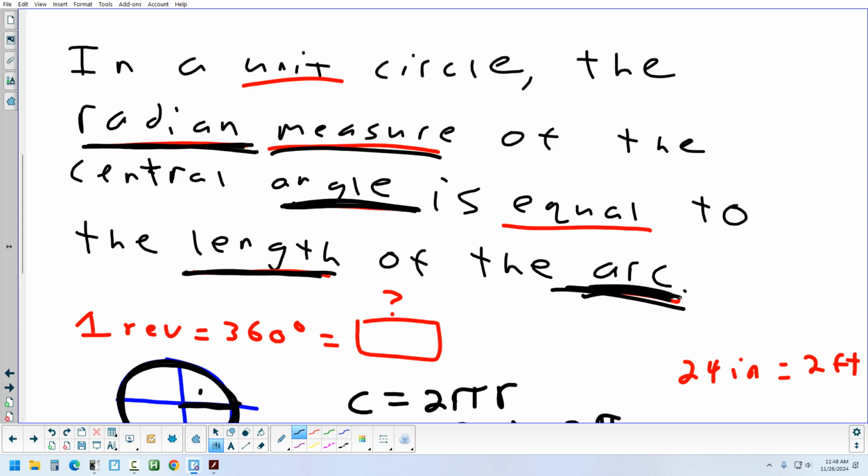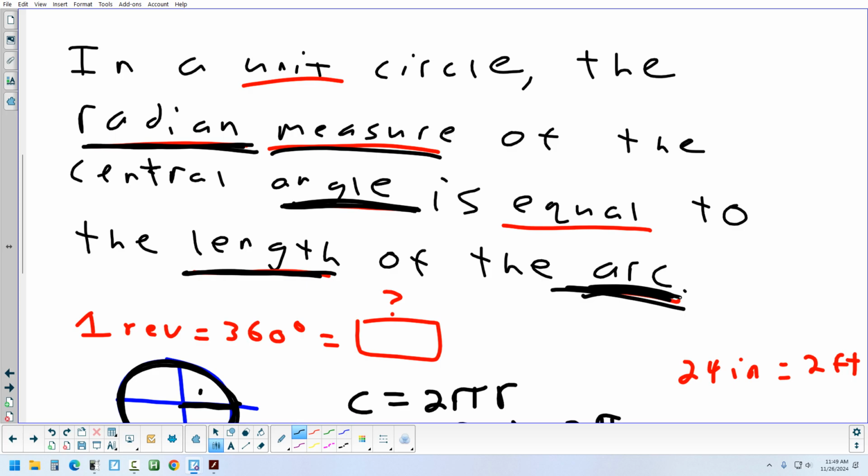So how many radians would be the angle that goes all the way around the circle? We know the length of the arc, and look at what it says the length of the arc is equal to. It's equal to the measure of the angle.